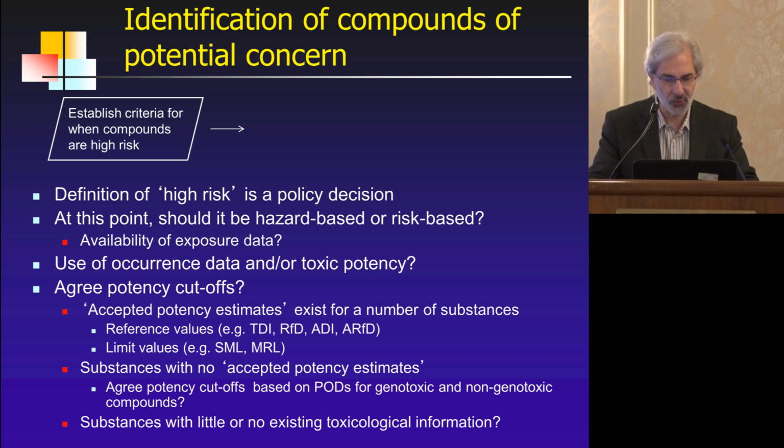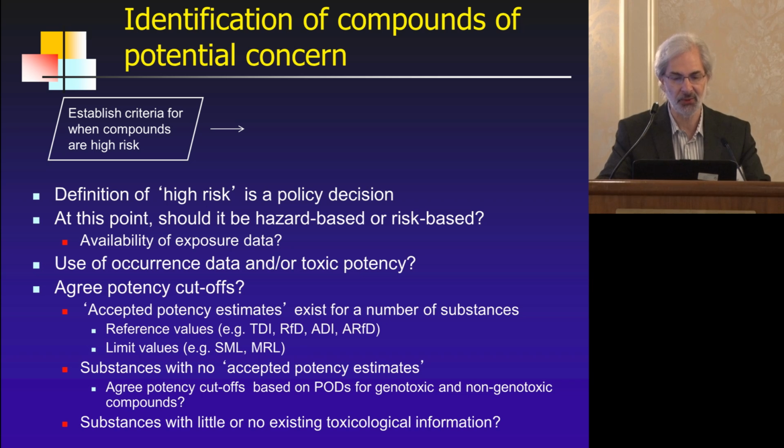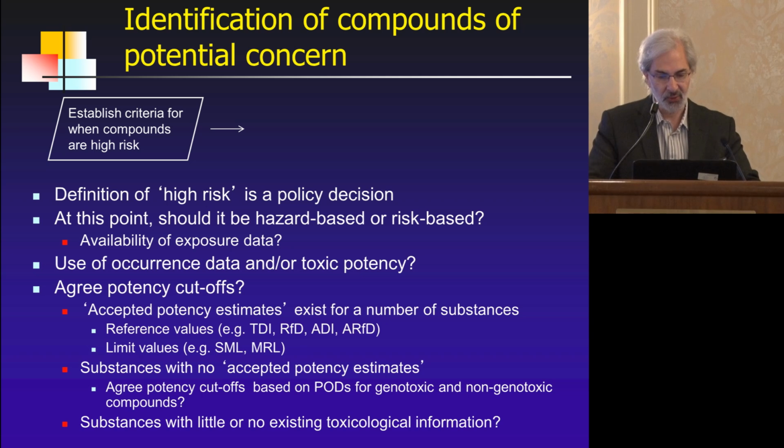What about substances with no accepted potency estimates? We heard about some compounds, some of the MCPD-related compounds, where there is no reference value. Well, could we agree potency cutoffs based on points of departure for the two main categories of compound that Joe talked about, the genotoxic carcinogens and non-genotoxic compounds?